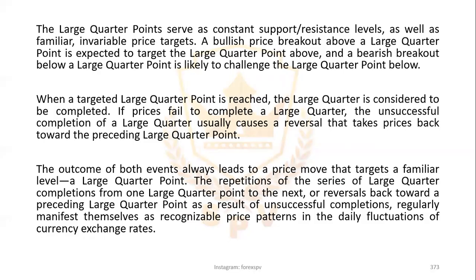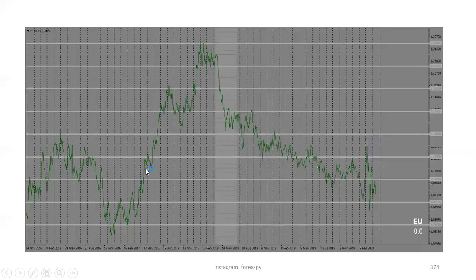So a bullish breakout, when you see price breaking a large quarter point, tends to find the next large quarter point above, or a bearish breakout like this tends to find a large quarter point below. So when price breaks a large quarter point like this and finds the next successfully, we call it a successful large quarter transition, a successful large quarter completion.